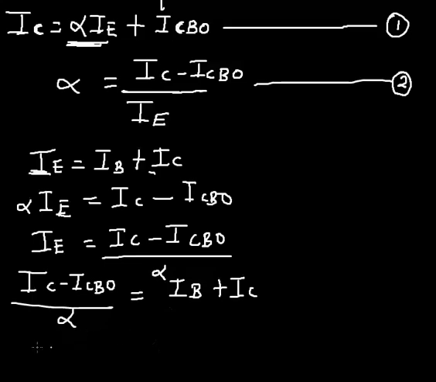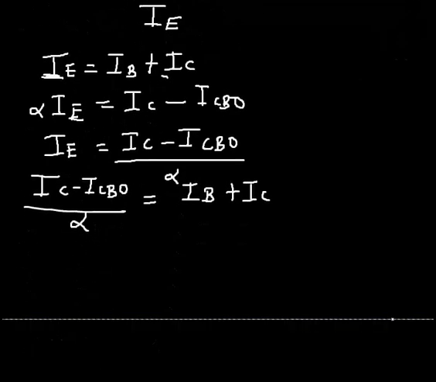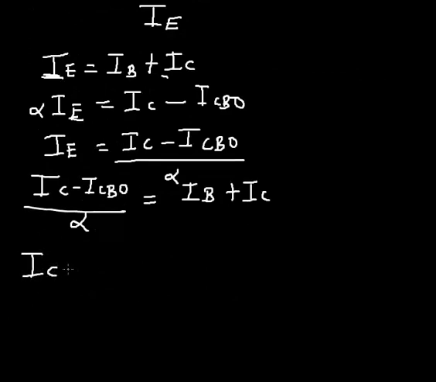Cross multiplying, I'm going to have IC minus ICBO equal to alpha IB plus alpha IC. Rearranging this equation and making IC the subject, I'll take alpha IC to the other side.